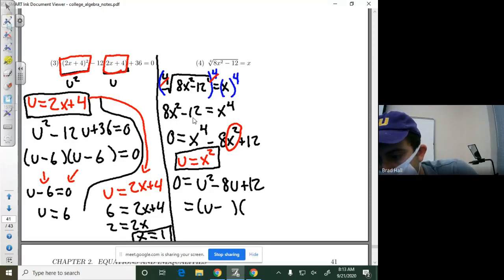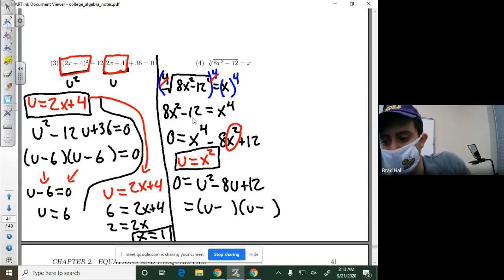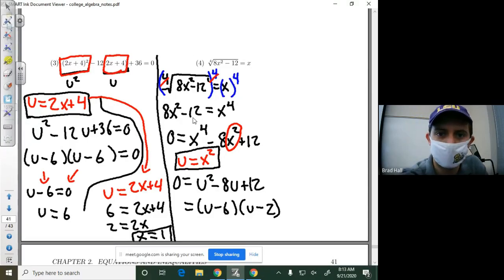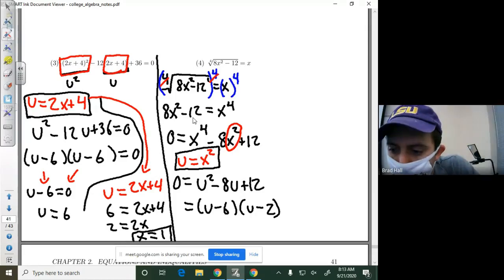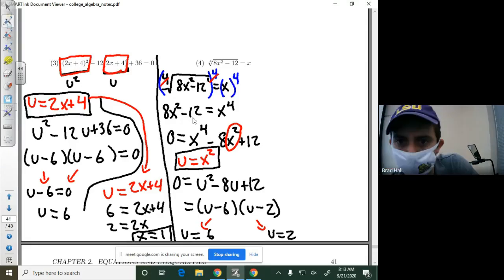U minus 6 and U minus 2. They multiply together to give us positive 12, and they add together to give us negative 8. So we get 2 values: U is 6, U is 2.